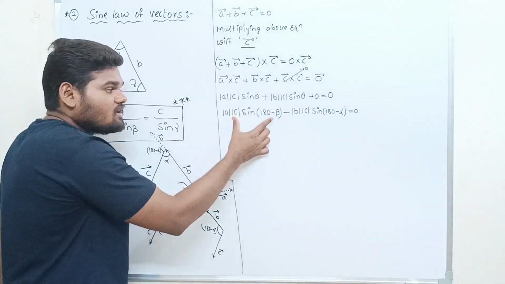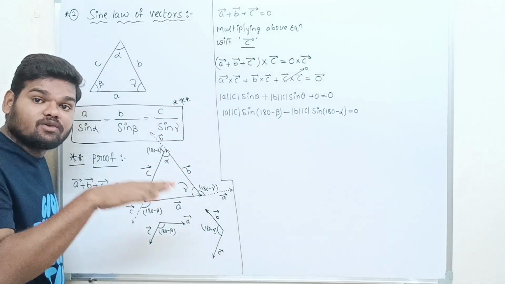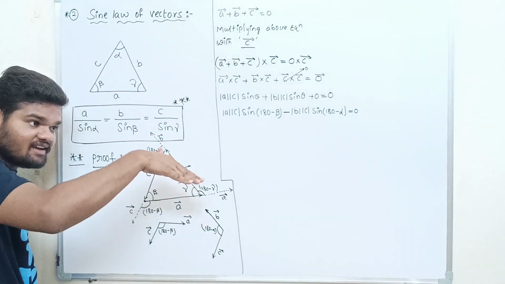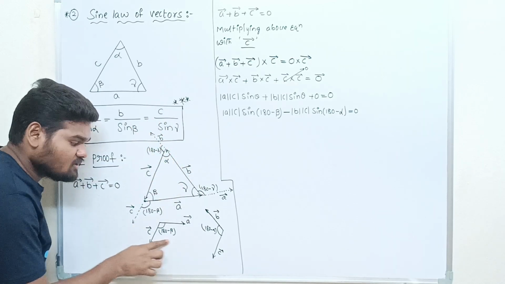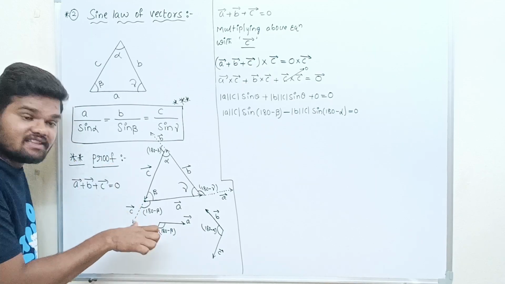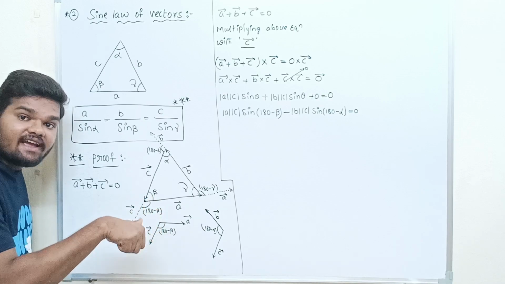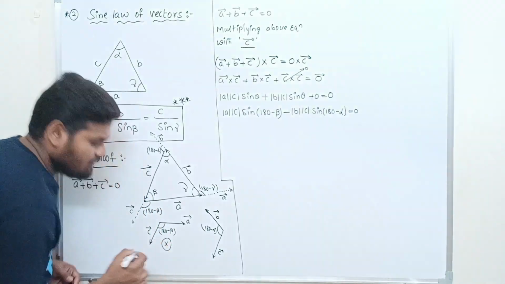Curl the fingers from the first vector to the second vector through the small angle. I'm just curling my fingers from a bar to c bar. Now the direction of the thumb is into the plane of the board.